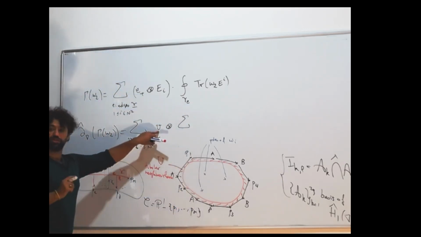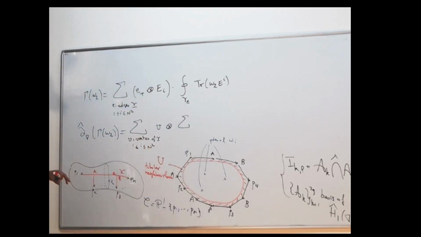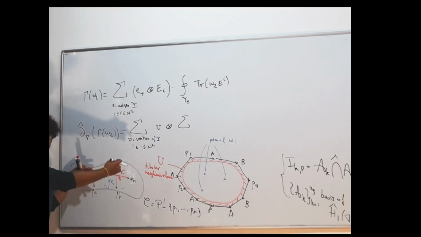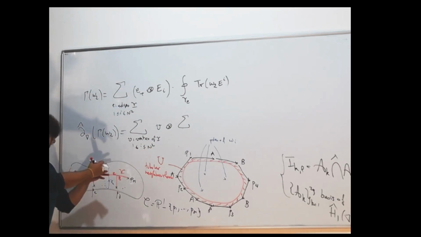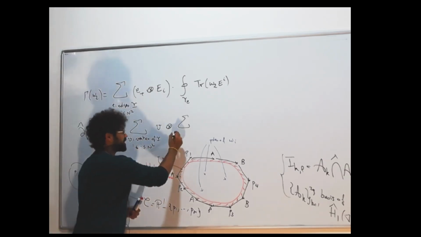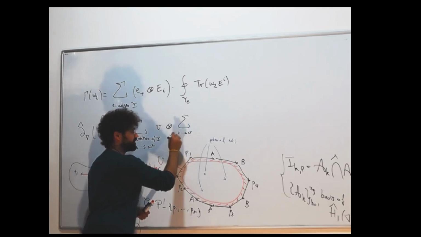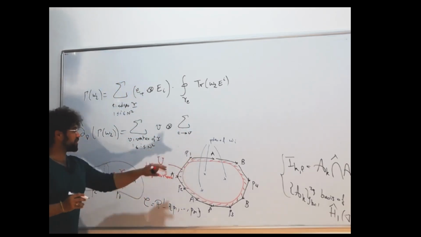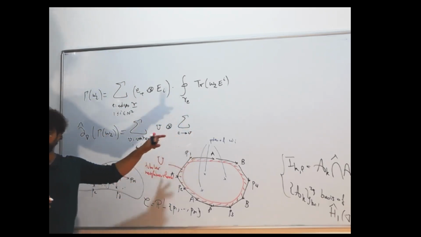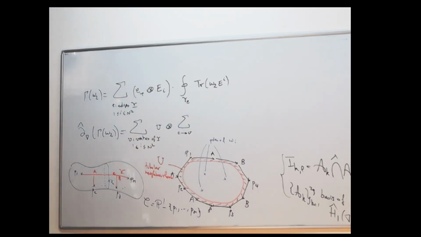Each vertex will have a certain number of edges that come in that direction, and so you sum over all the edges around the vertex V. I'm just using this E arrow V notation, but I hope it's clear what I mean.